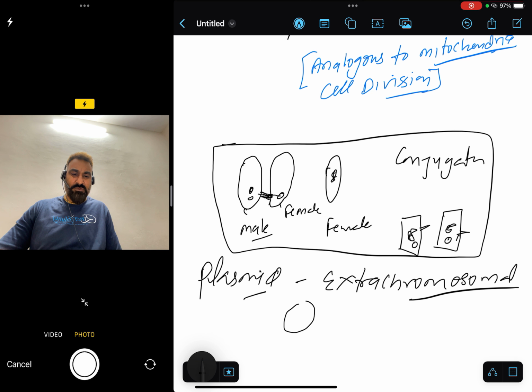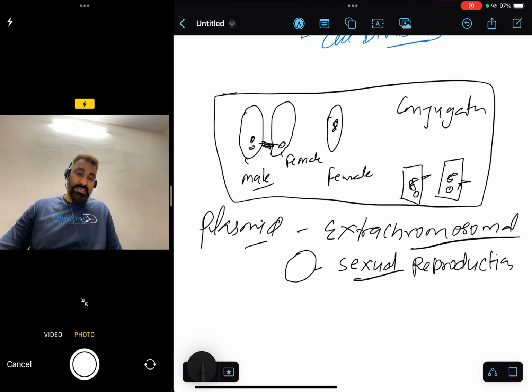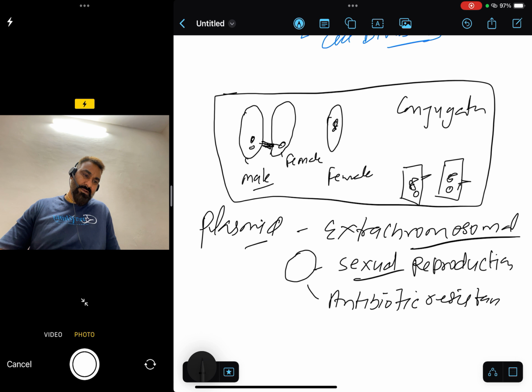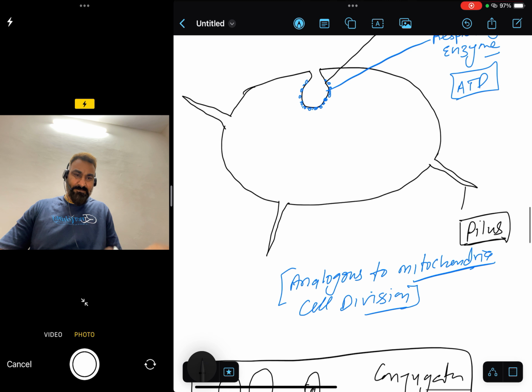It is circular and it contains genes for sexual reproduction, and it contains genes for antibiotic resistance. So both genes are present on this plasmid, and it is present in bacteria like a circle.